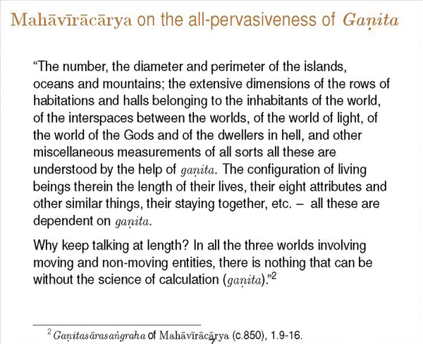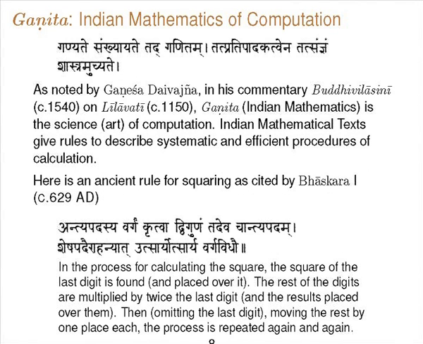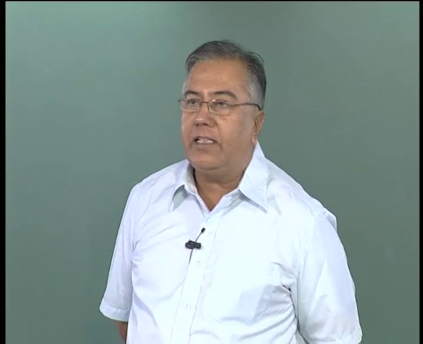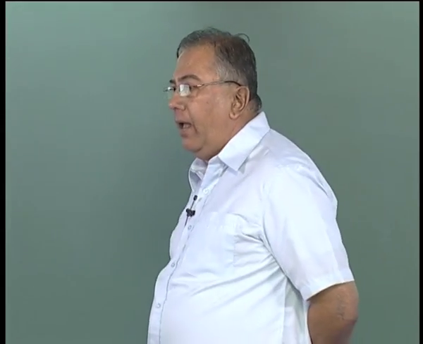This is a quotation from the 9th century work called Ganita Sara Sangraha of Mahaviracharya. So, Ganita stands for calculation, computation. Ganyate Sankhyayate Tad Ganitam is a statement due to Ganesha Daivagnya, a commentator of Leelavati.